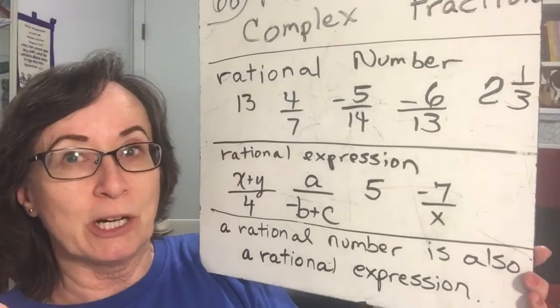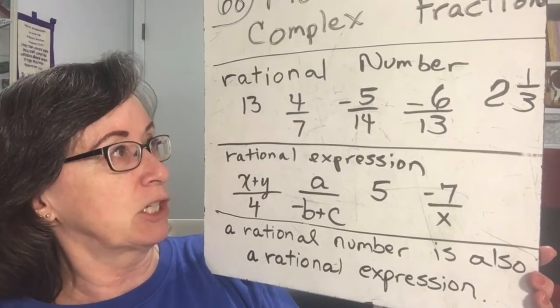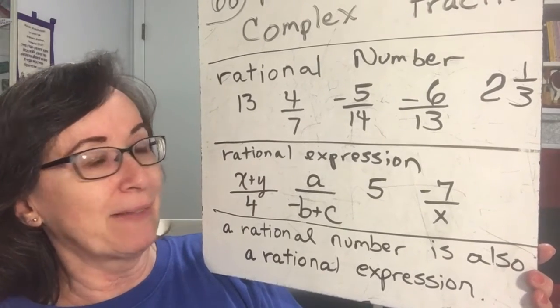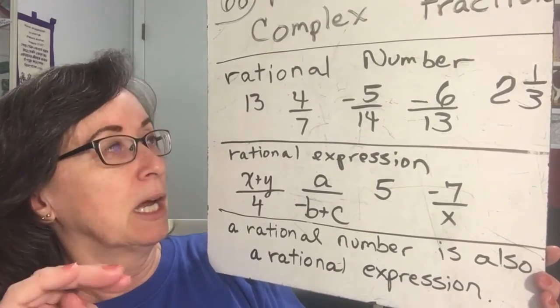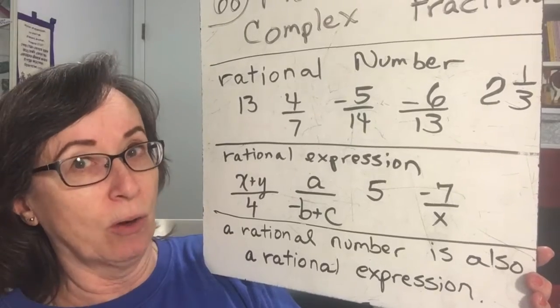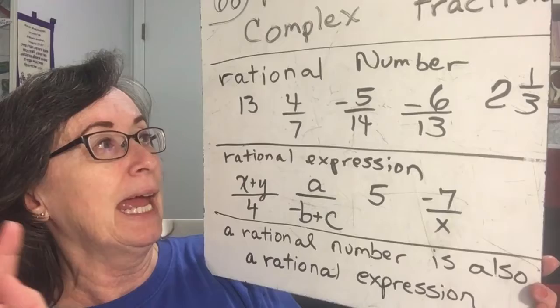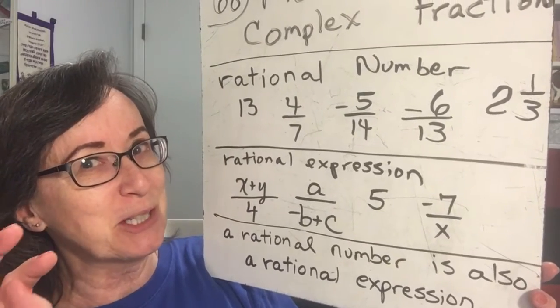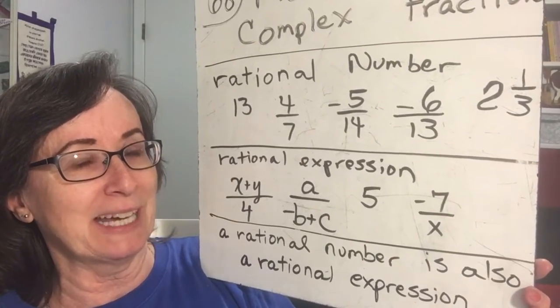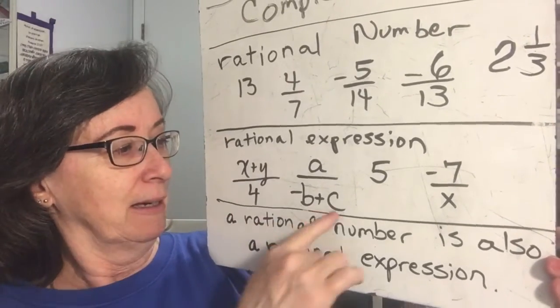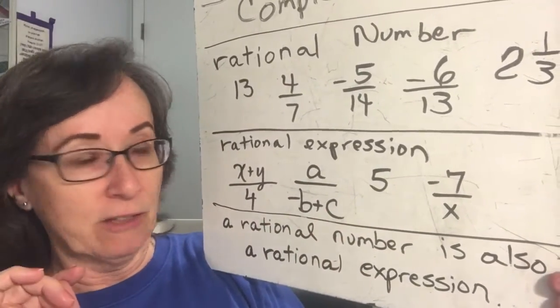Now, one thing that we're not going to deal with in this section is the whole idea about the denominator being 0. We know that on fractions the denominator can never be equal to 0. And on rational numbers, which are basically fractions made out of polynomials, they cannot be denominators of 0 either.